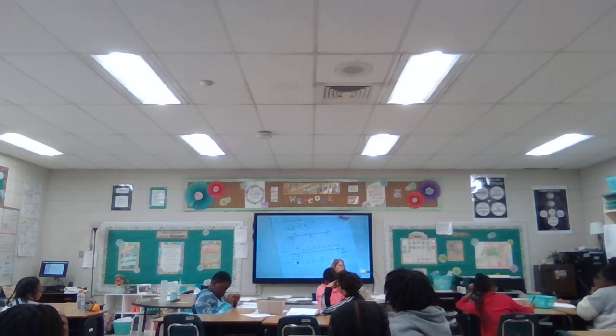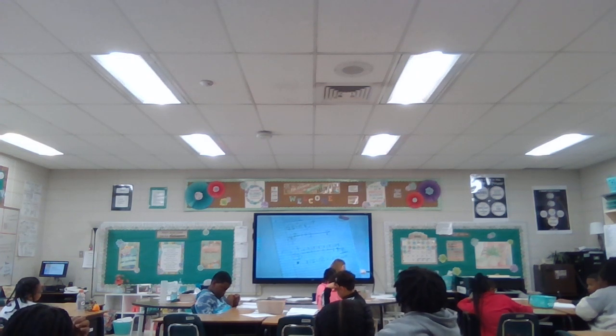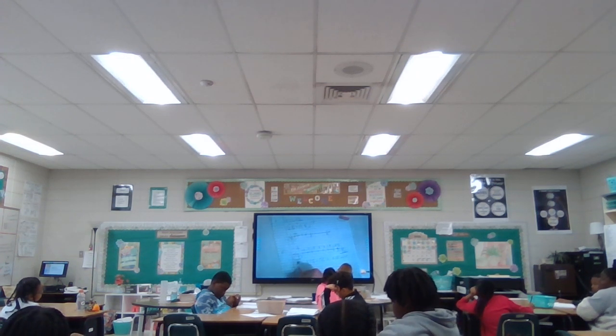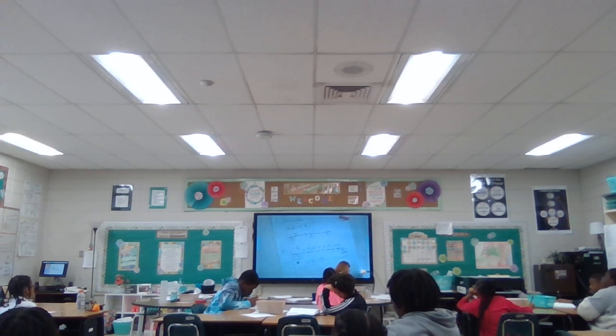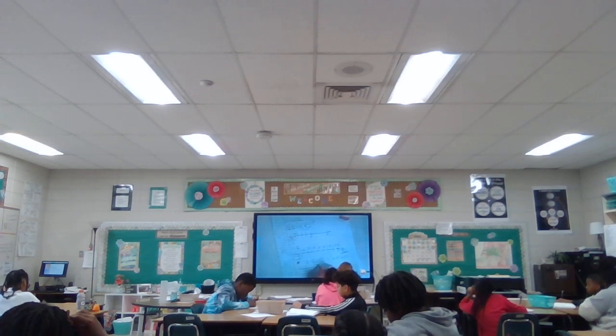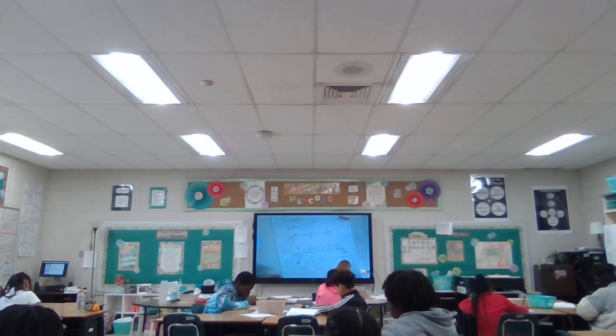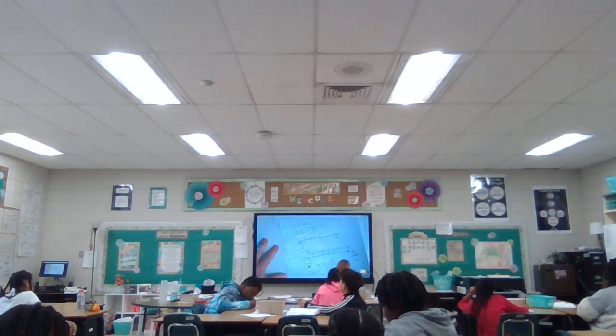If you were estimating the difference, what does difference mean? Subtract. So what would be the difference between the two estimates? 5 minus 3 would be 2, because instead of adding, you would subtract. Right? All right.